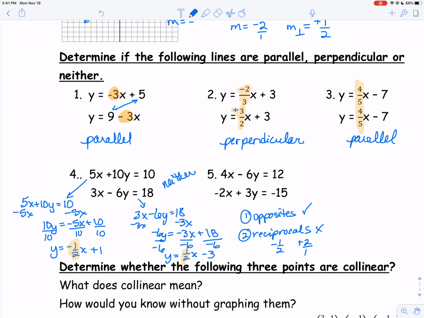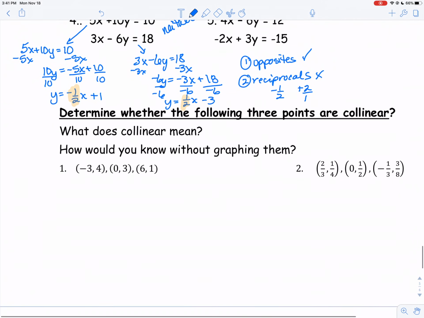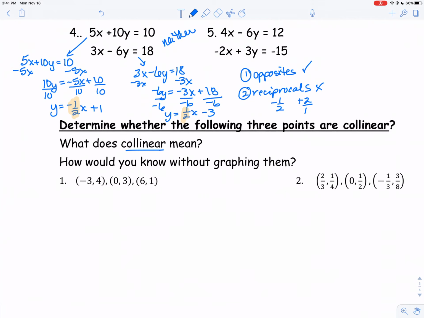Okay? And then one more thing in this section is to determine if 3 points are collinear. Well, collinear just means they make a line. We want to be able to do this without actually having to graph it. The first one wouldn't be too difficult to graph, but that second one, you're not going to want to graph.